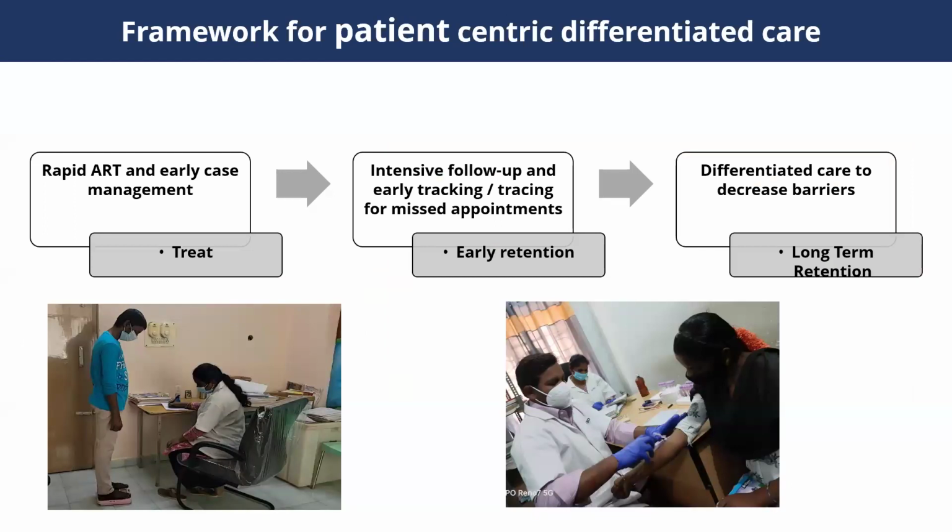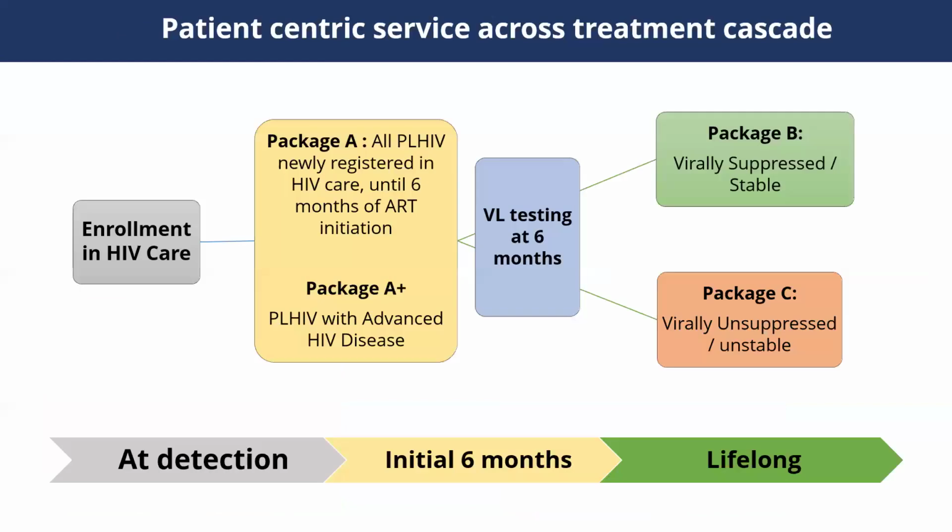If you have seen this framework of patient-centric packages of care, what we are doing is dividing the entire care into three different buckets. The initial 6 months is the very critical period where we are losing patients. So what should we be doing there? And after 6 months, what is the type of care that we should be doing?